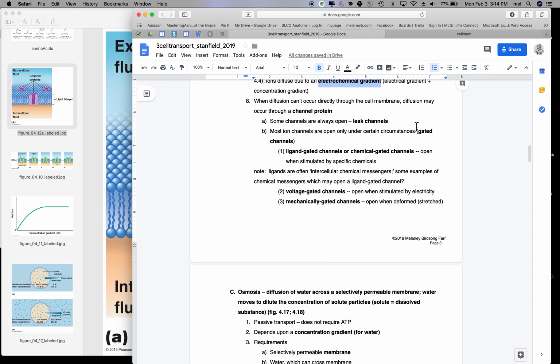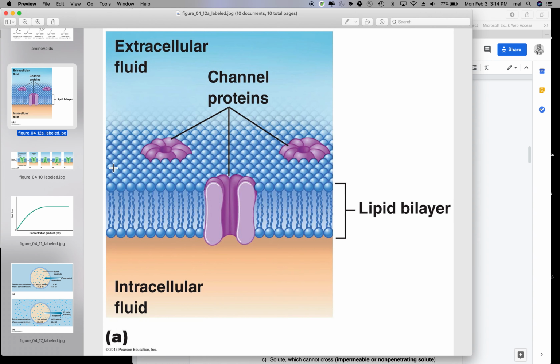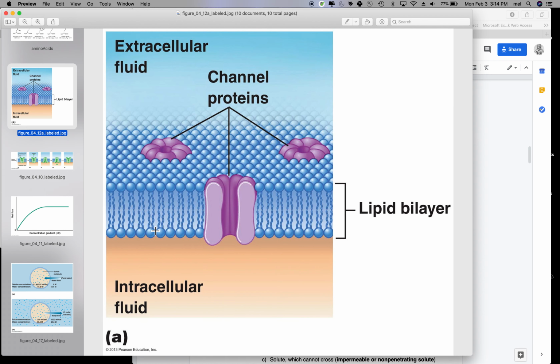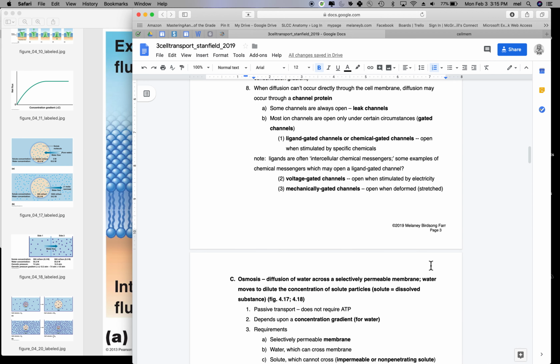Okay, so let's talk about our types of channels. When an ion can't diffuse straight through the plasma membrane, the next fastest choice is going to be a channel protein. But there are multiple types of channel proteins. The first one is called a leak channel.